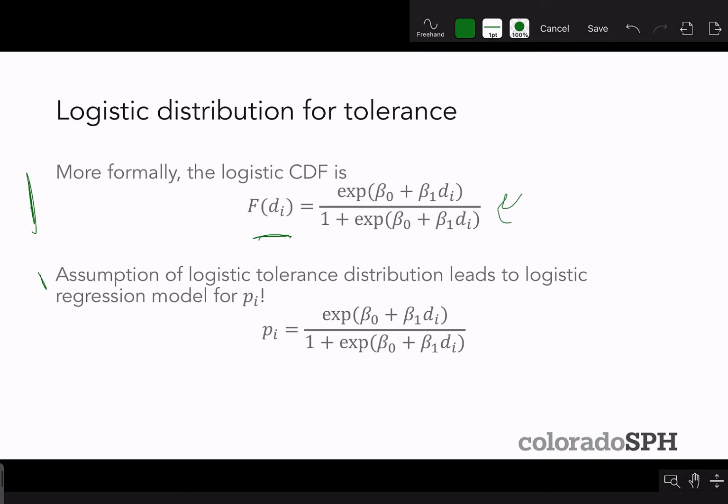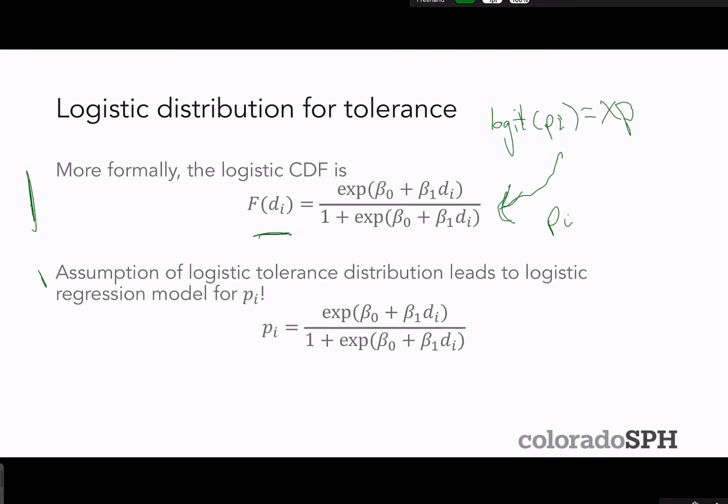If you have a model of logit of pi equals X beta, then we end up with that when we take the inverse logit to get pi in terms of X beta. So it's neat. This just goes to show you that you can actually use any CDF of a distribution to model binary data. I'm showing you a couple of the most popular ones.